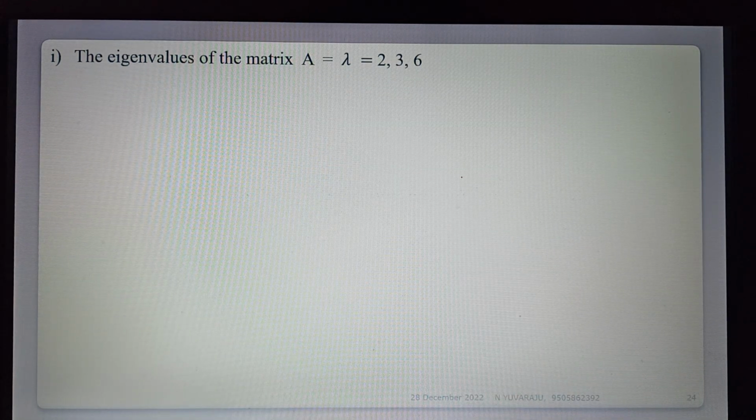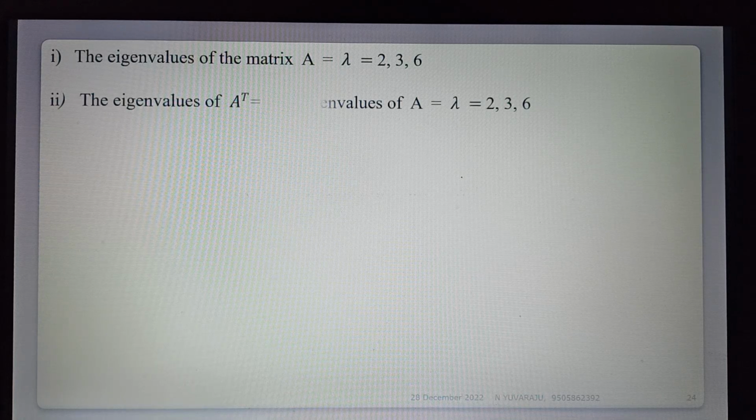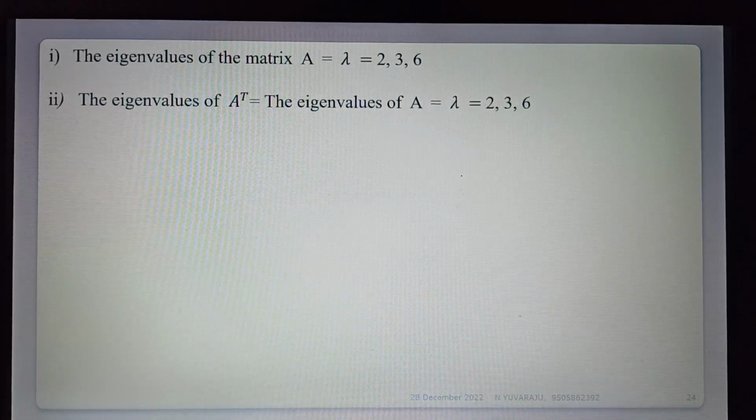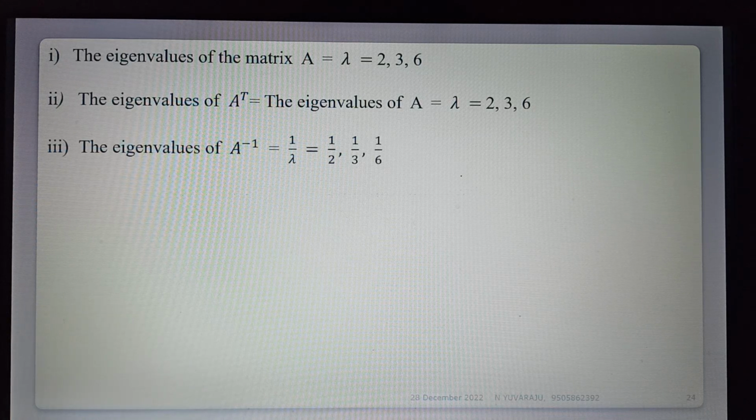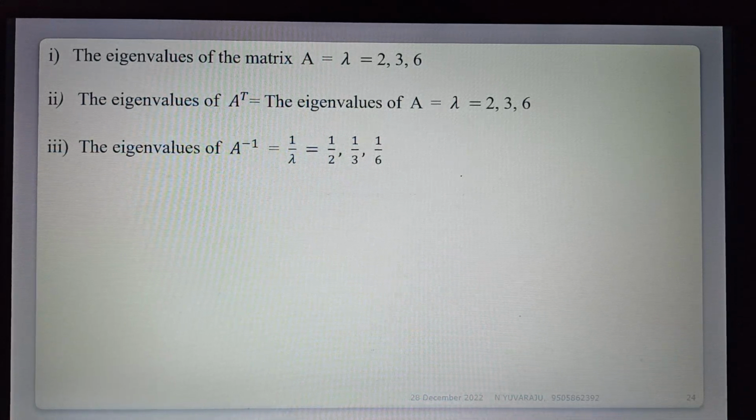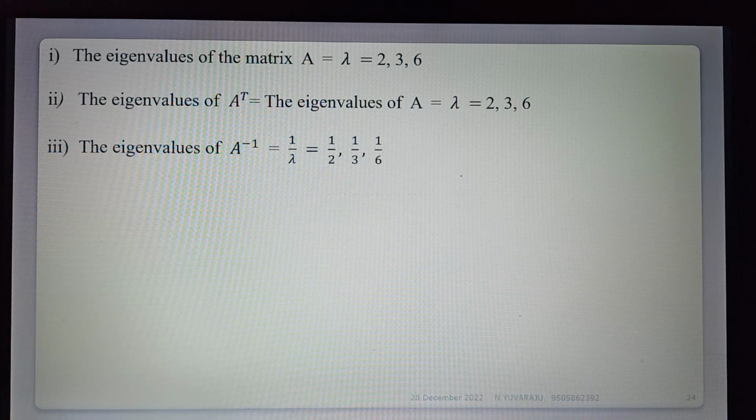First, the eigenvalues of the given matrix A: lambda is equal to 2, 3, 6. Next, the eigenvalues of A transpose: A and A transpose have the same eigenvalues, so lambda is equal to 2, 3, 6. Next, the eigenvalues of A inverse are 1 by lambda, that is 1 by 2, 1 by 3, 1 by 6.